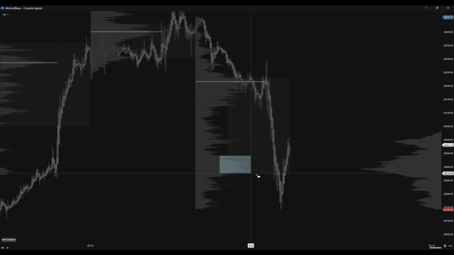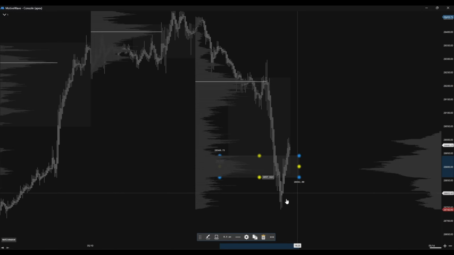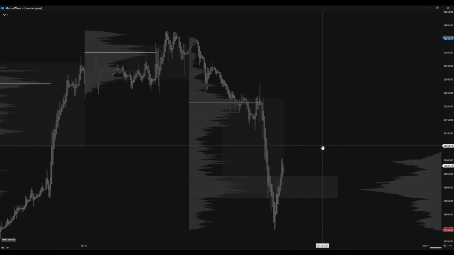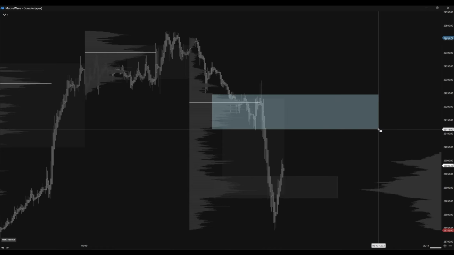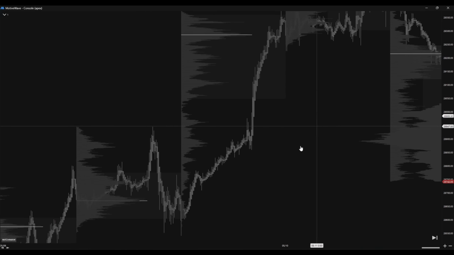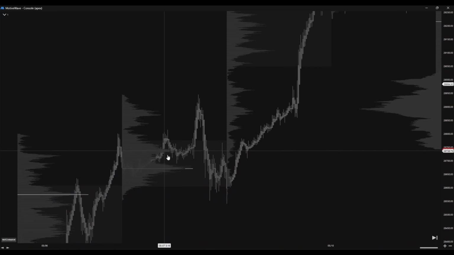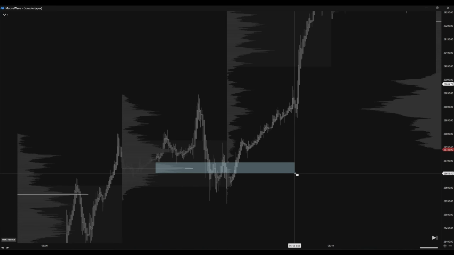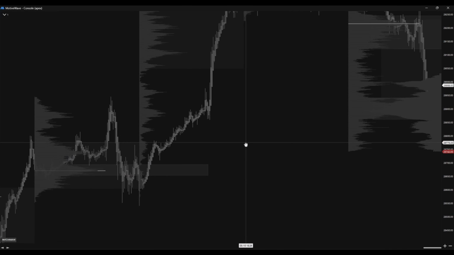So we can see here we have a high volume node. We can see another high volume node here. This would be a high volume node here. Another high volume node here.